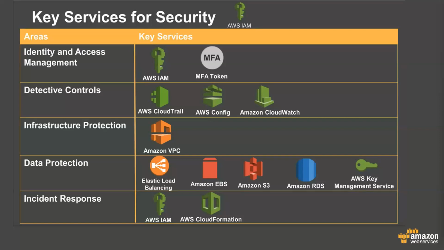We have AWS Config and Amazon CloudWatch for monitoring. We can use CloudWatch, you will define some metrics for CloudWatch. Then this service will enable you to monitor, especially your performance, the performance of your workloads in the cloud.